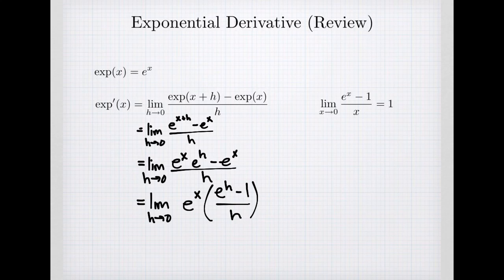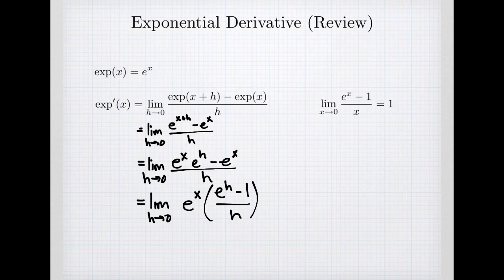And this e to the h minus 1 over h as h goes to 0 is the famous limit that we developed, where we said there's a special number e that has this property. And e is the only base that when you take the base to the x power minus 1 over x and let that x go to 0, you get the number 1.